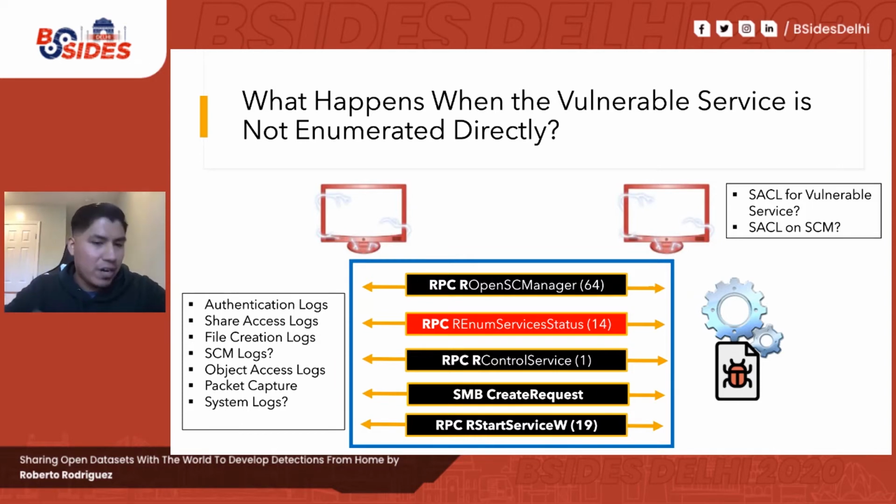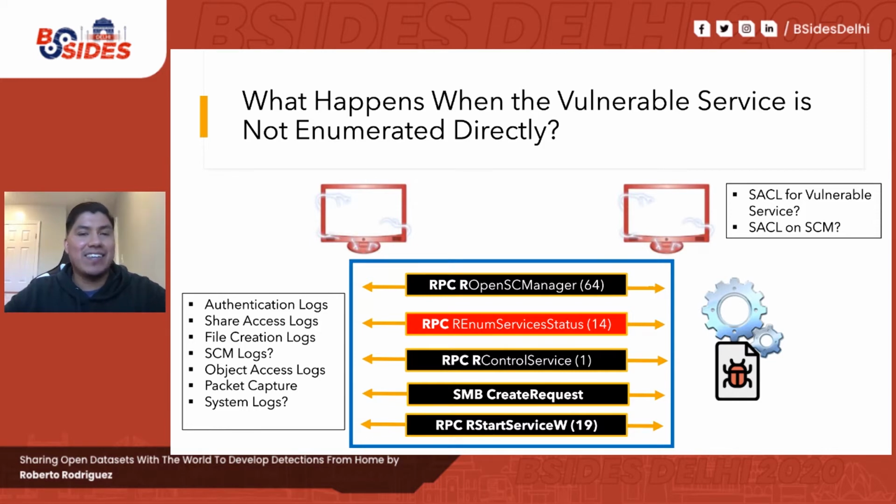So it doesn't actually touch the service directly. So if you create a rule on that specific vulnerable service, so that if anybody touches it there is an event, well, if you use a different method, that event is not going to trigger. So you also need to account for some of these variations of this technique. And that just happens all the time, right?